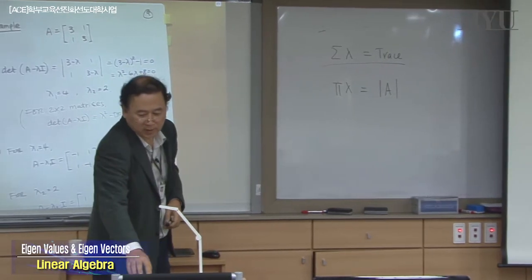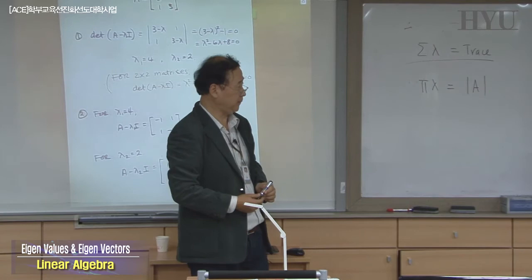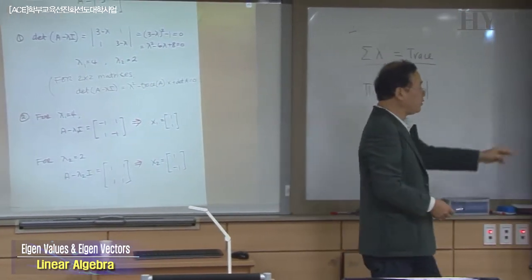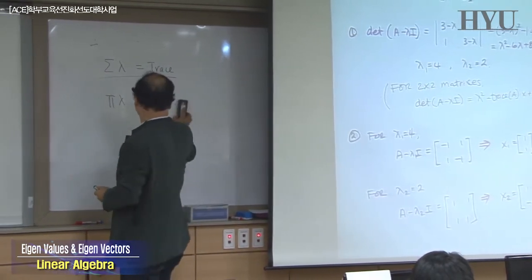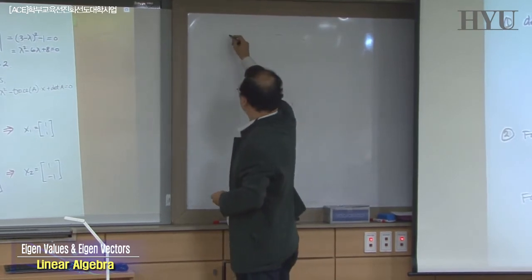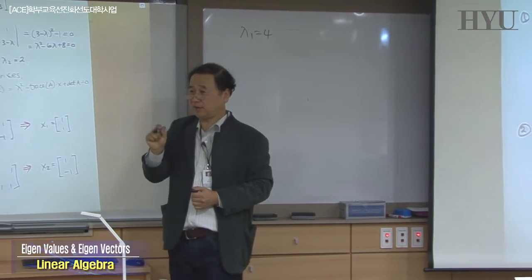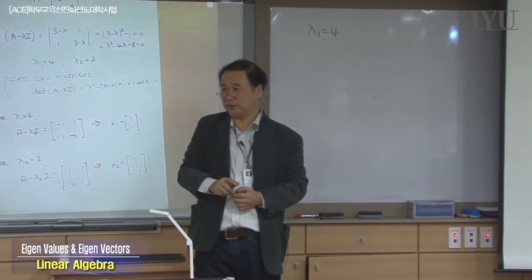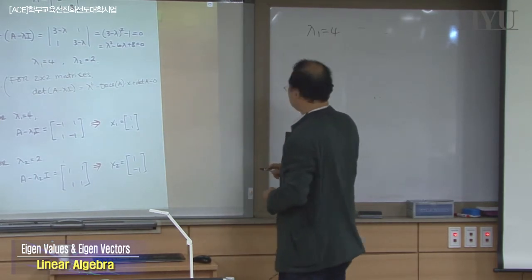Then for each lambda, you try to compute eigenvectors. Can you come up with this easily? How can you compute this? Let's say, in this case, lambda 1 is 4. So you try to compute what vector x is the eigenvector.